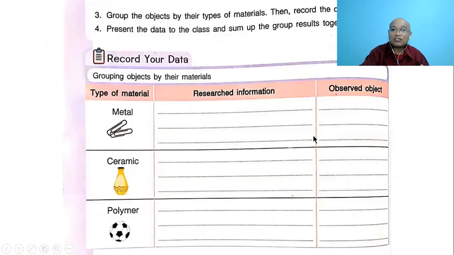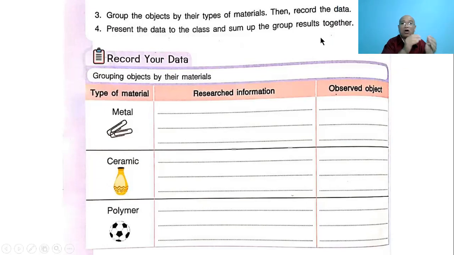And so what we need to do, number 3, is to group the objects by their types of material. There are 3 of them. Then record the data here.